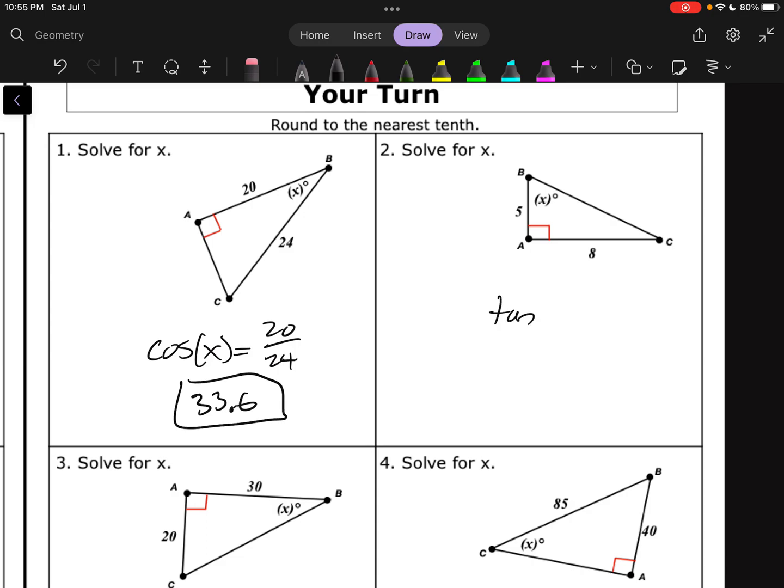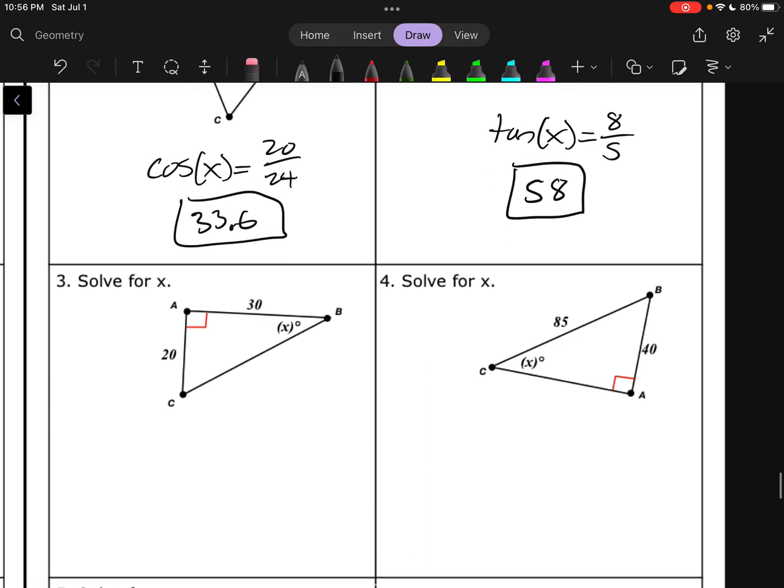This one should have been a tangent one. Tangent of x is equal to 8 over 5. So you do a little inverse tangent of 8 over 5. And you should have gotten 57.99 or 58.